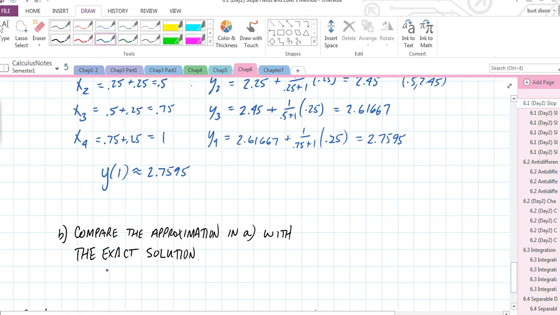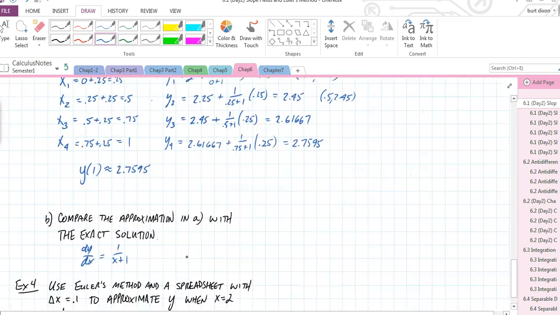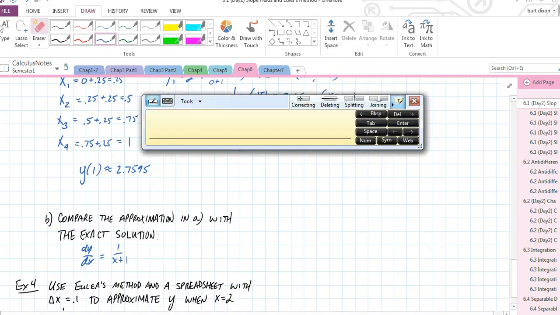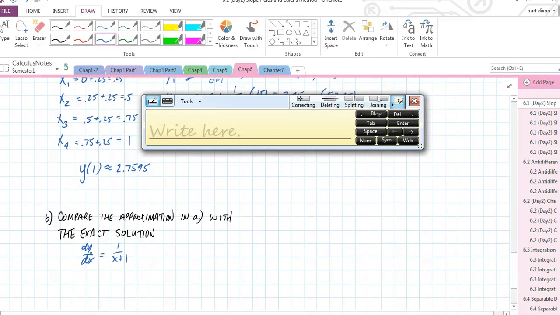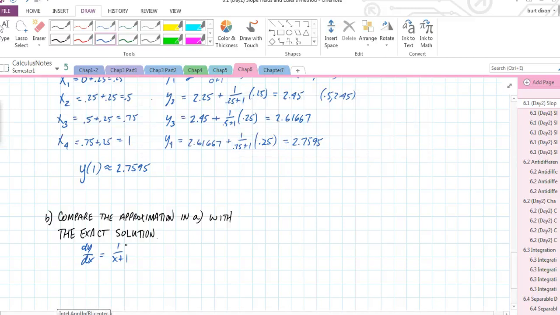Now in part B, since this differential equation can be solved, we can see how close this approximation really is. So to solve the differential equation, we start with dy dx equals 1 over x plus 1. And so y is equal to the antiderivative of 1 over x plus 1 dx, which is natural log of x plus 1 plus c.